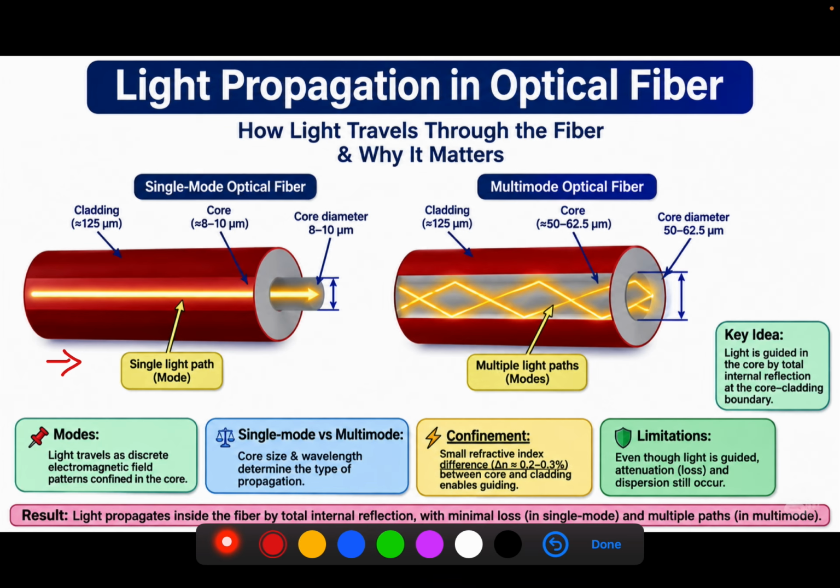Okay, so when the light is guided through the fiber core. Any fiber is divided into two parts. We have the outer part, which we call the clad, and the inner part, which is known as the core.